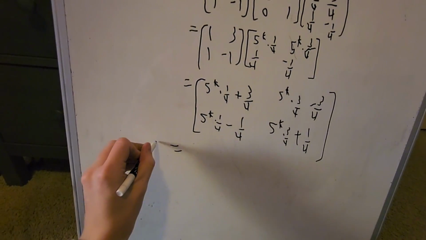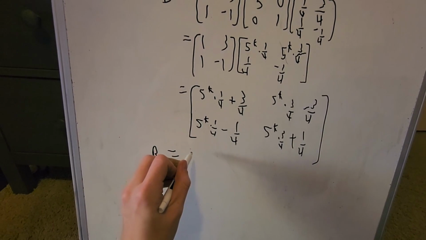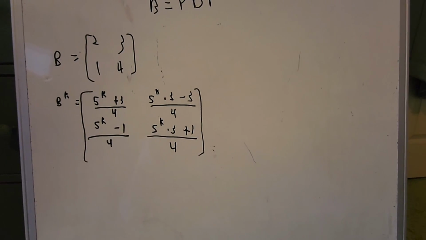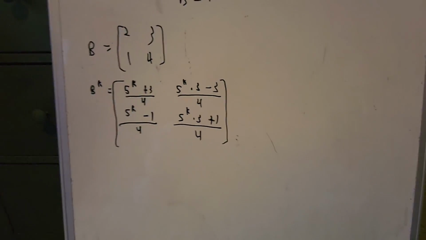So now we have an equation, or I guess a matrix, for B to the K.